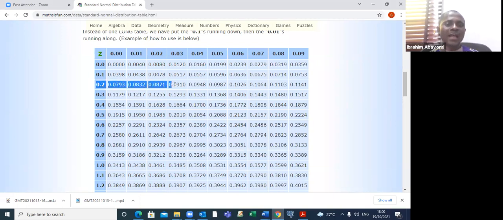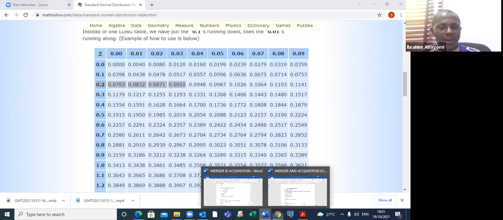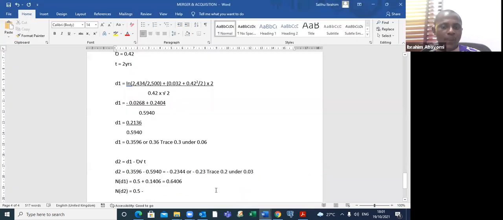I will trace it under 0.03. That is 0.0910. So that will give us what? 0.5 minus 0.0910 will give me 0.409.